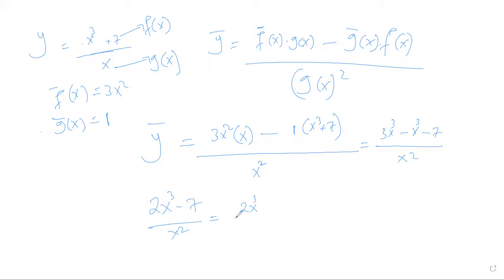Or let me distribute the denominator: 2x cubed divided by x squared, minus 7 divided by x squared. The x squared will cancel with x cubed, so here will remain 2x, and here 7 divided by x squared. This is y prime. This is our final answer.